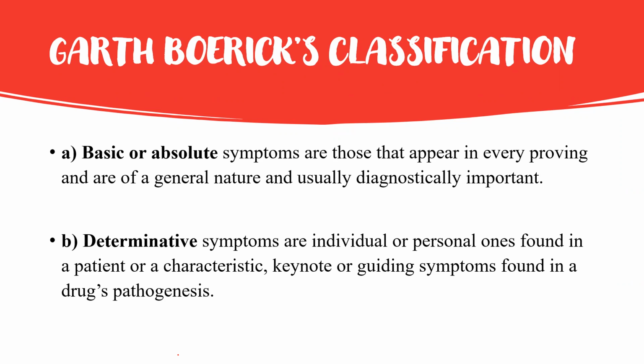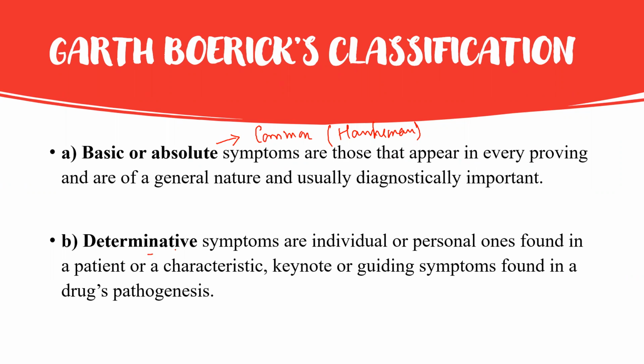Now, next one, last one is Garth-Voorhees classification. Here we have absolute or basic symptoms, and we have determinative symptoms. I'll tell you in short. Basic or absolute symptoms are the same as the common symptoms of Hahnemann. These are symptoms that appear in every proving and are of a general nature and usually diagnostically important.